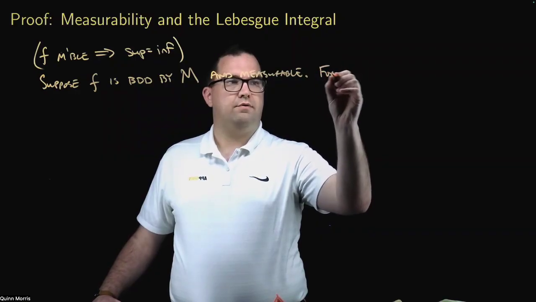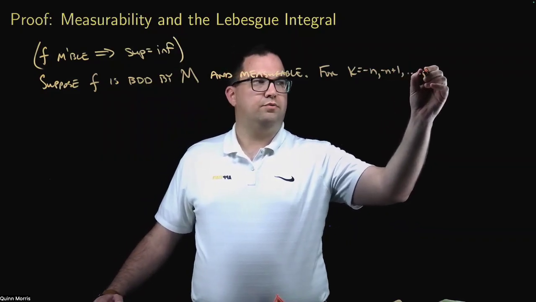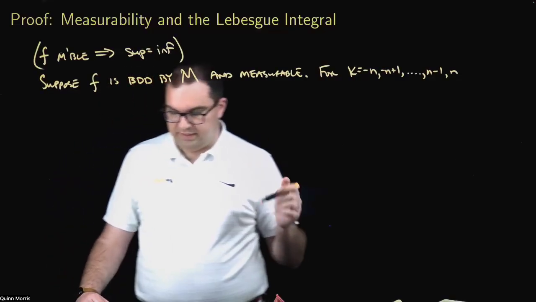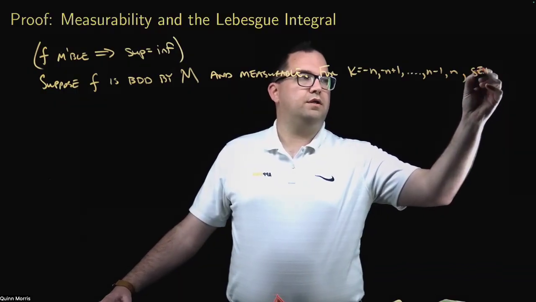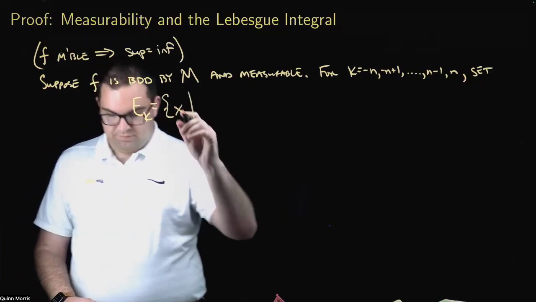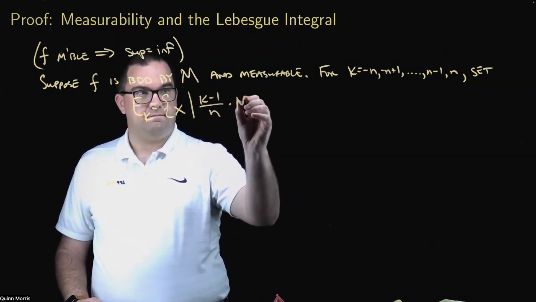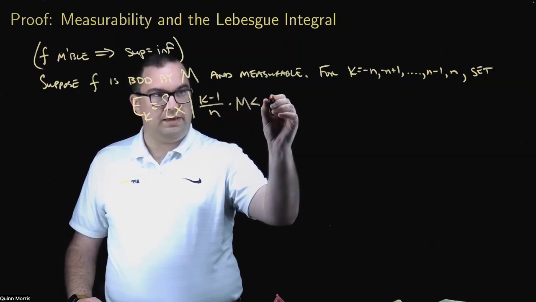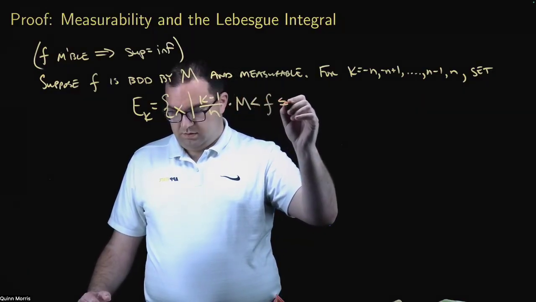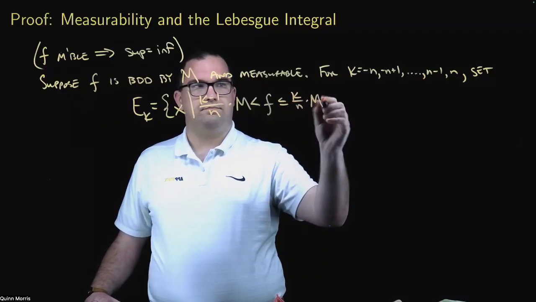So for k going from minus n up to n, so for all the integers between minus n and n, including minus n and n, we're going to set E_k to be the set of all x such that f of x is greater than (k minus 1) over n times M and is less than or equal to k over n times M.